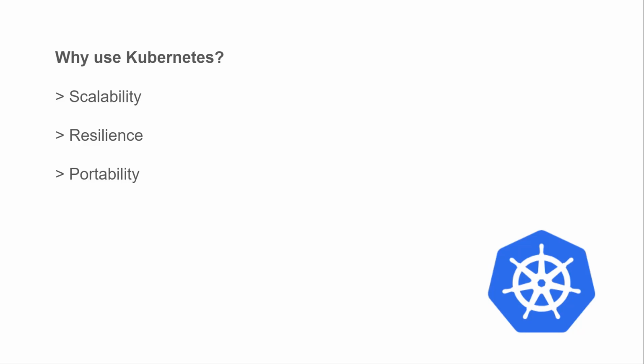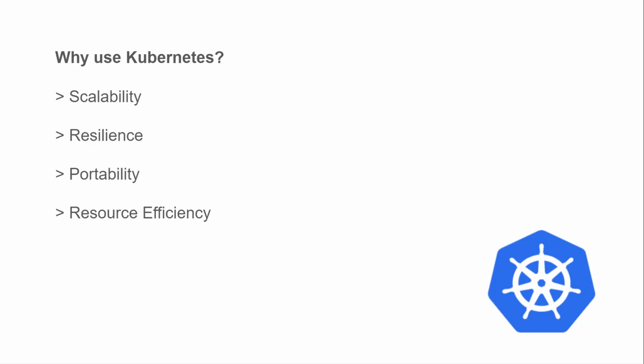We can talk about portability. Portability, on the other hand, means Kubernetes provides a consistent environment across different infrastructure providers, whether it's on-prem, in the cloud, or in a hybrid. The last one, I think, is resource efficiency.